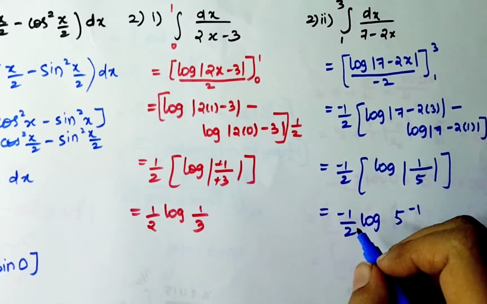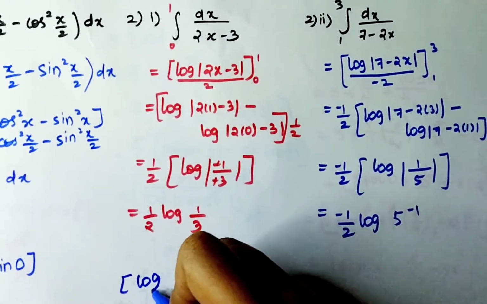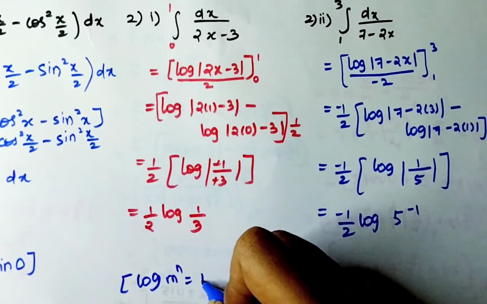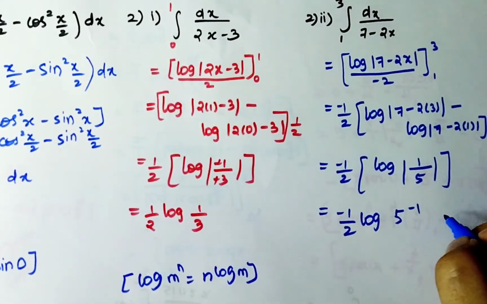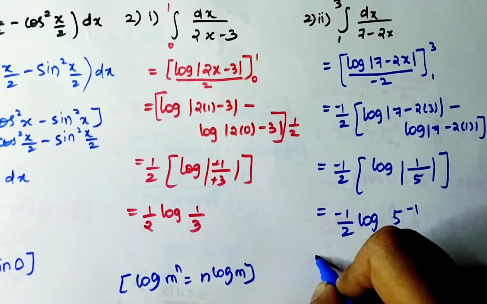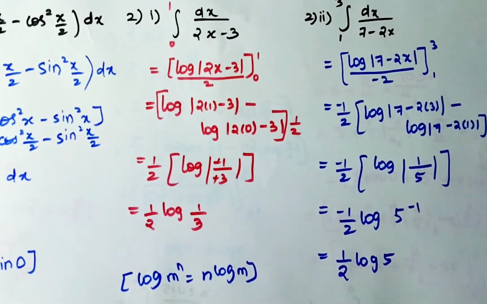Now we make use of the formula again, that is log m power n can be written as n into log m. That is the property we are making use here. So minus 1 into minus 1 by 2 is plus half log 5 is the final answer.